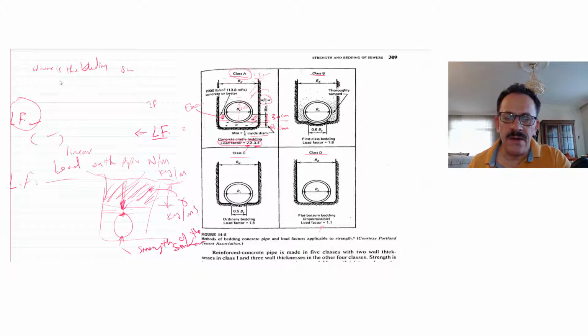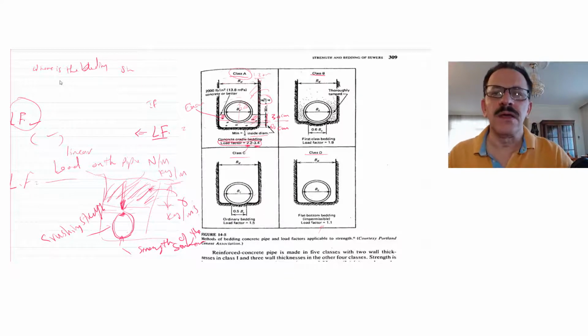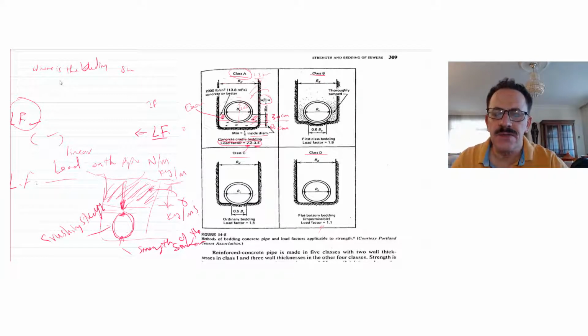Now we have to know what is the capacity of that. It is the crushing strength of this sewer, how much it will be. When we buy this sewer from the manufacturer, they will tell you that this diameter of sewer will have a certain crushing strength.